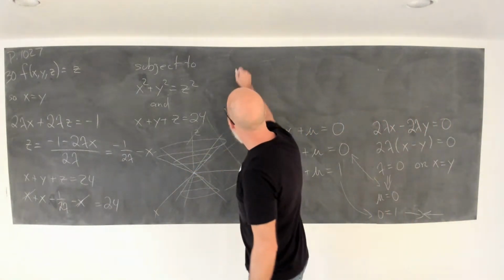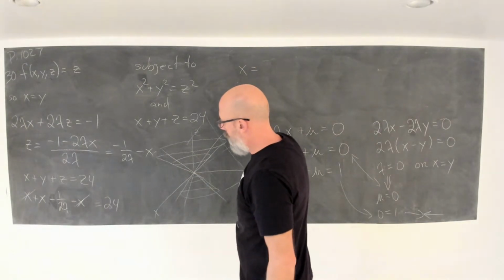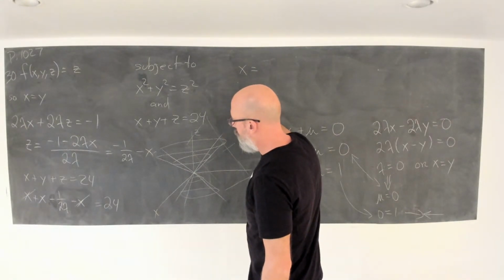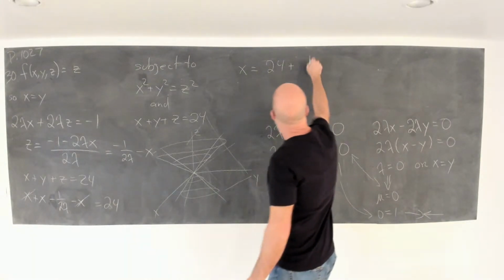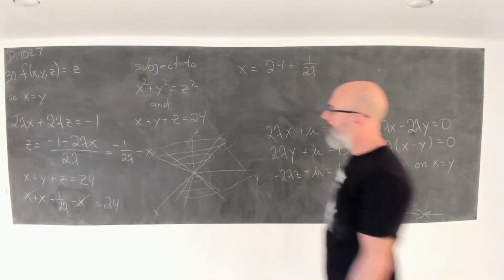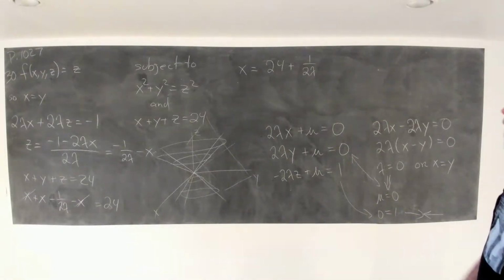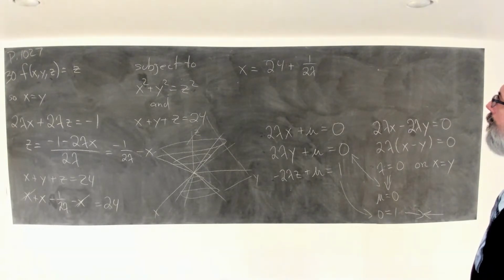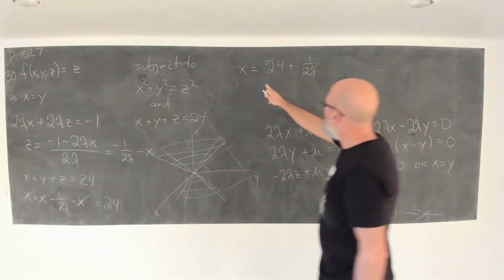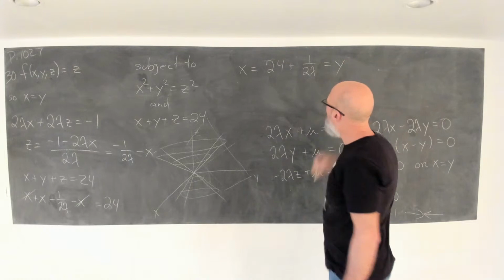And we have x is 24 plus 1 over 2 lambda. And since x is equal to y, this is also y.